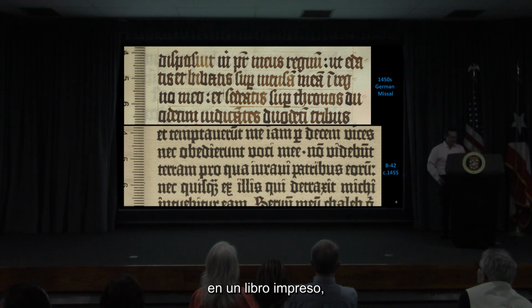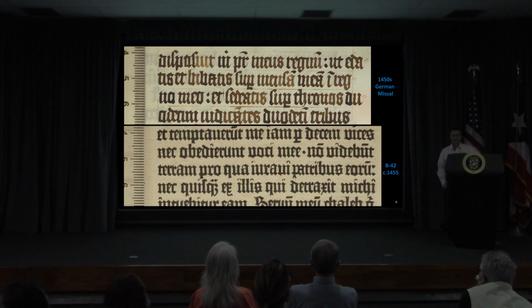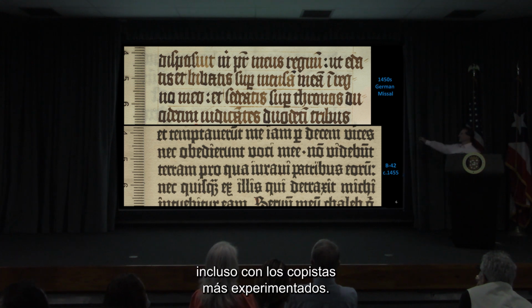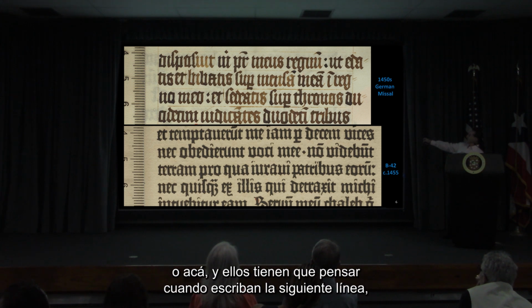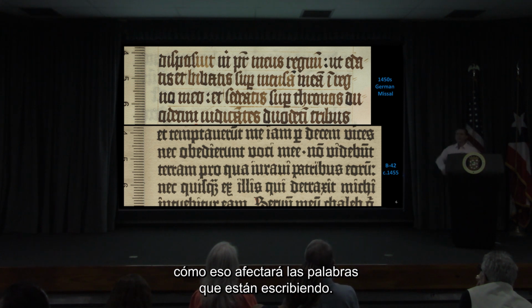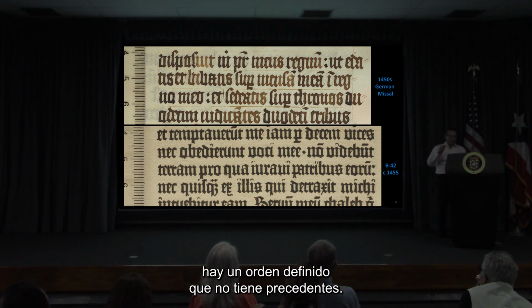In a printed book, the ascenders and descenders will never jump the line. Never, ever. That happens all the time, even with the most experienced scribes. A scribe has to think, when writing the next line, how a descender is going to affect the words they are writing. So there is a definite order that is unprecedented in printed books.